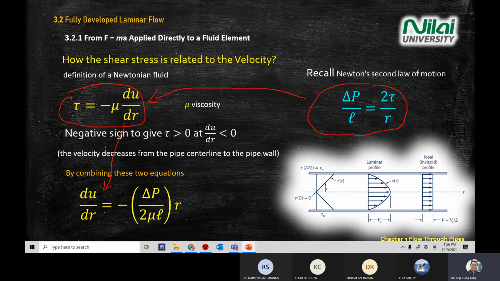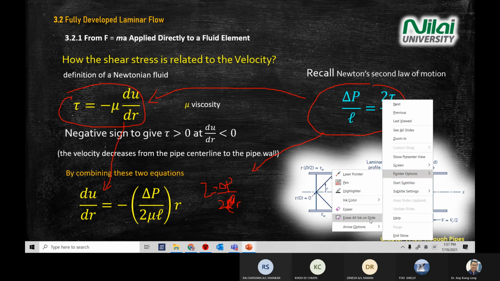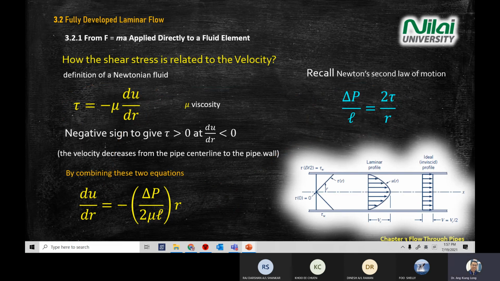In du dr, you will get negative delta P divided by 2 mu L times R. Okay, because just now your mu equals delta P divided by 2 mu R, so you times the L inside there, then you rearrange, you'll get this equation. Read back these slides if you don't understand the mathematics.